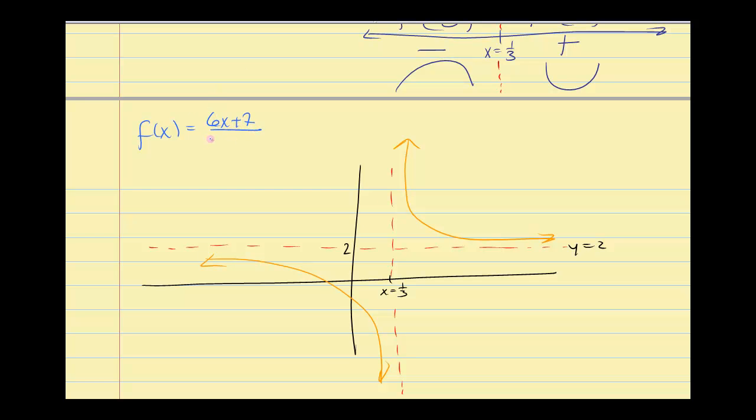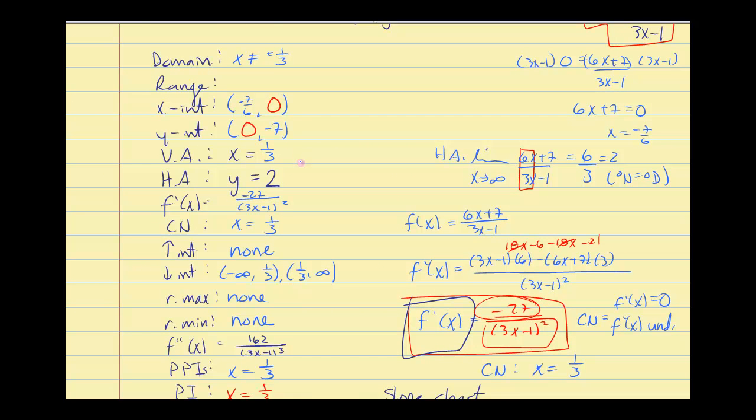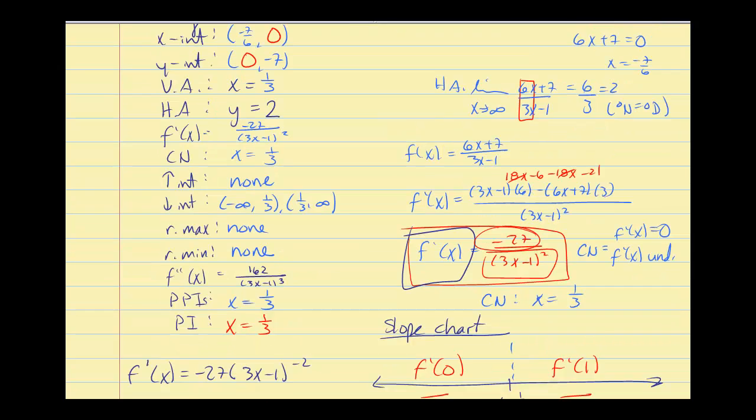over (3x minus 1). So let's say I'm not sure if I'm to the left of 1/3 whether I'm above or below this horizontal asymptote. So we just pick a point, and an obvious point to pick would be the one that we already looked at, and that's my y-intercept. So if we come up here and look, I had a y-intercept at (0, -7).